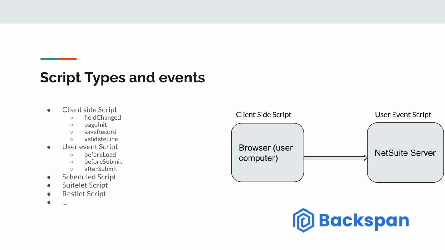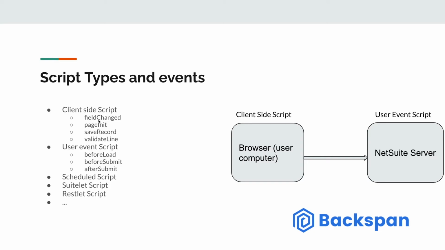Now, each of these scripts also has different events. I know this might be confusing, but bear with me, and with the examples later, you're going to start understanding. The client-side script, for example, has certain types. We have a field change event. Think of it as an event emitter.